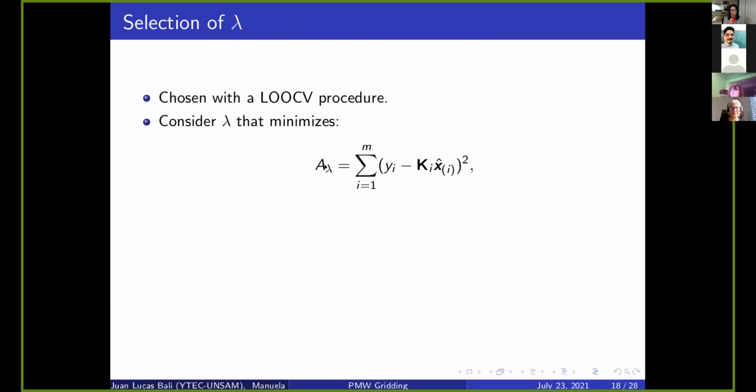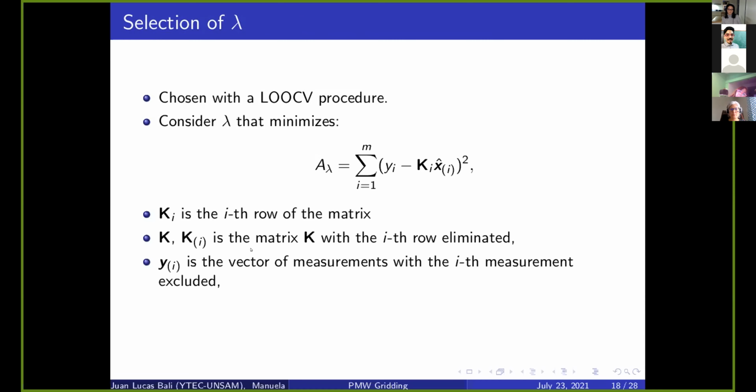For each value of lambda, you remove one of the antenna measurements and obtain the least squares error excluding that antenna measurement. This is the typical characteristic of a cross-validation procedure.